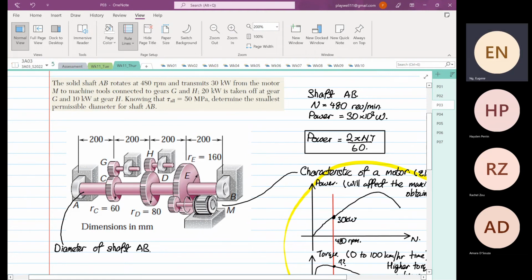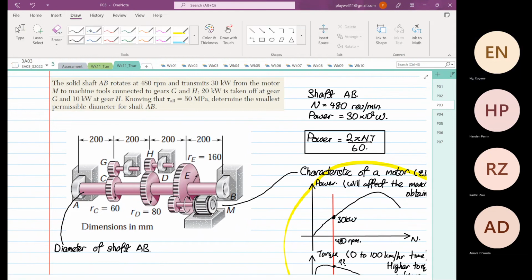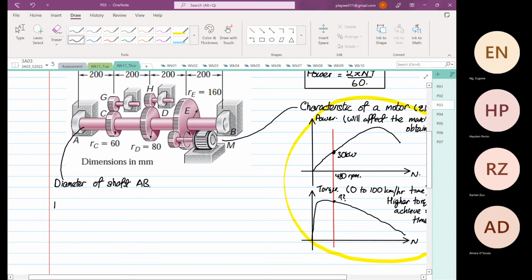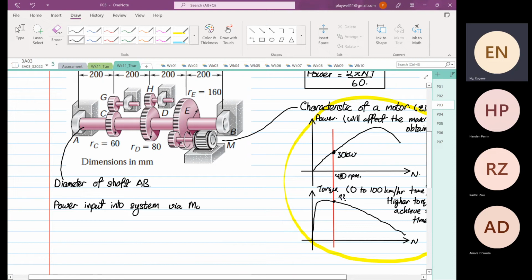Now the 30 kilowatt over here, so the power input into the system while the motor is equal to 30 kilowatt. Okay, 30 kilowatt is the power input.